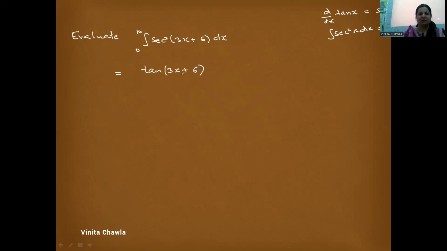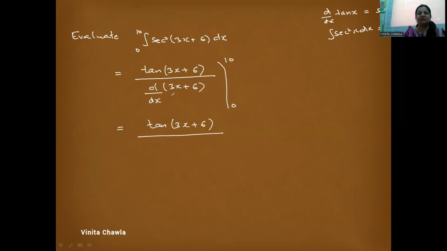That much we understood. But see, in the bracket we do not have x. We have something in the bracket which is not x. So we will differentiate that part and write it in the denominator. And because limits are given, there is no need to write constant of integration, simply write this 0 to 10. So we'll get tan(3x plus 6), and on differentiating 3x with respect to x, we get 3, and plus 6, we'll get nothing, 0.